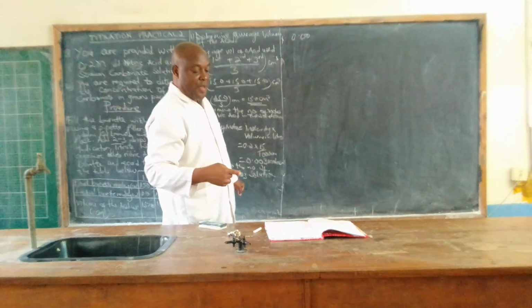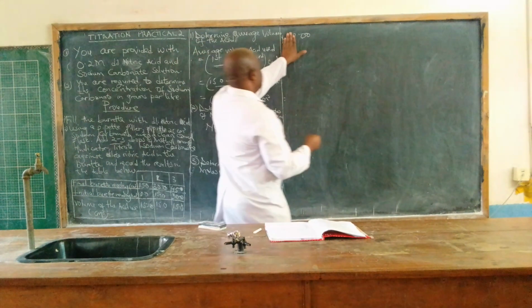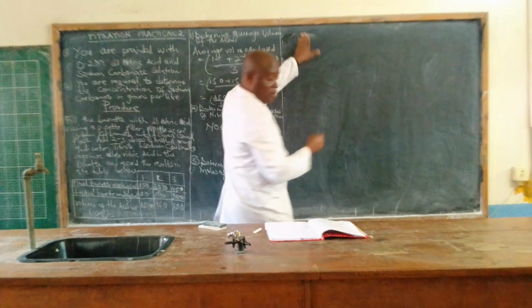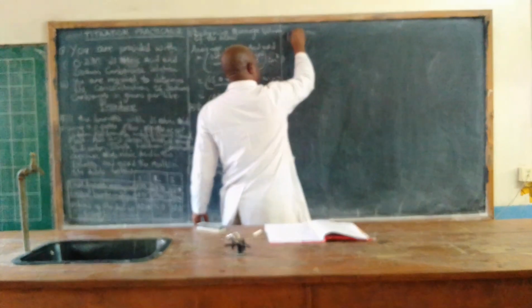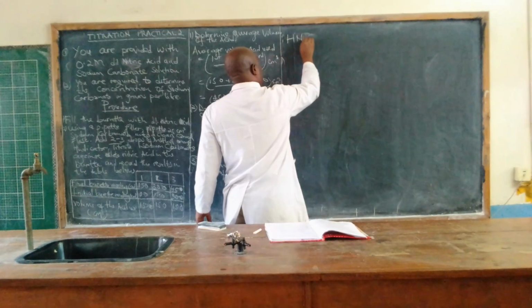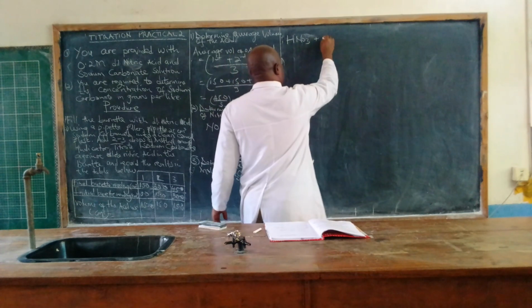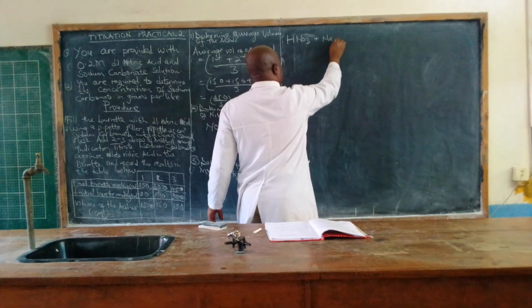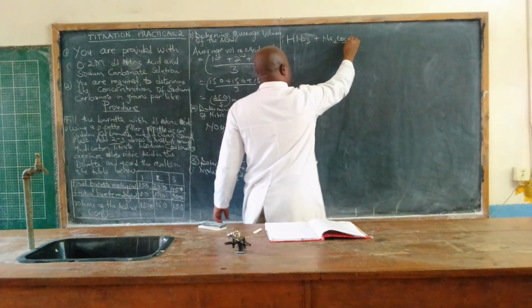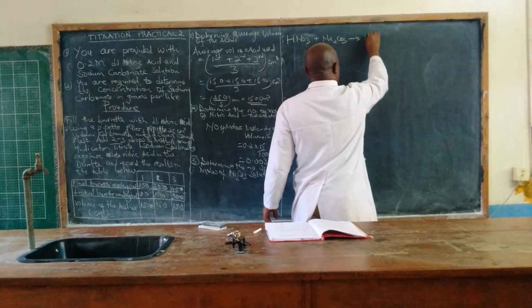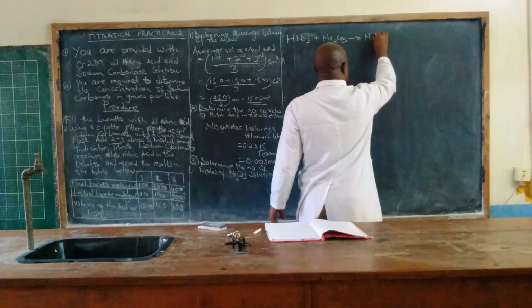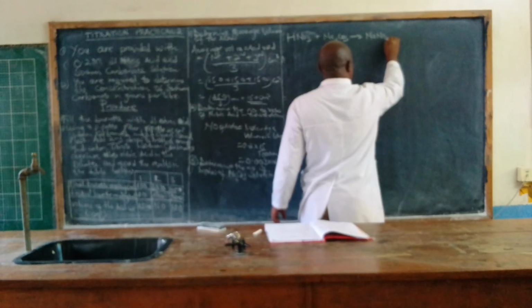Therefore, we are going to write, starting with nitric acid plus sodium carbonate, it gives us sodium nitrate.